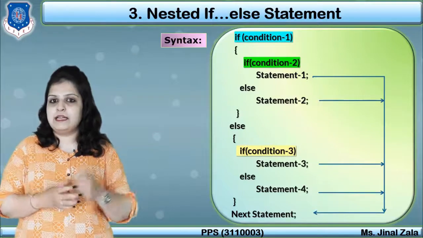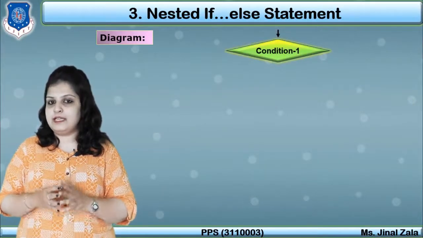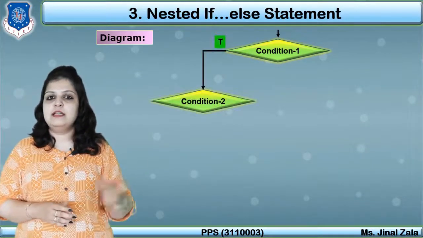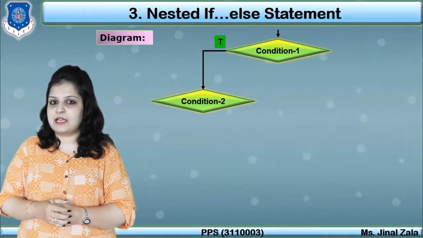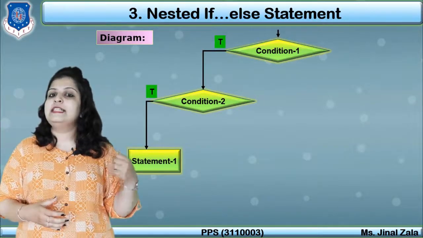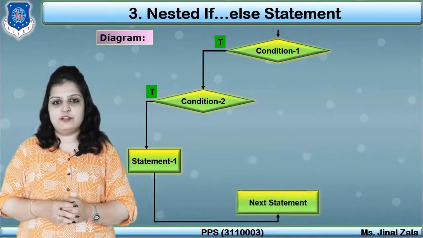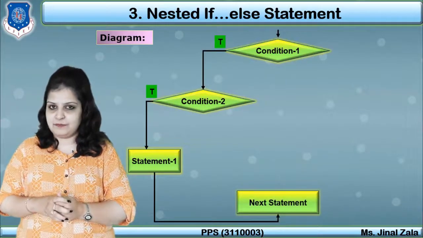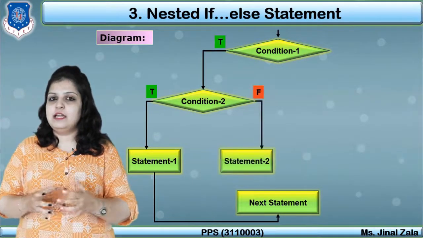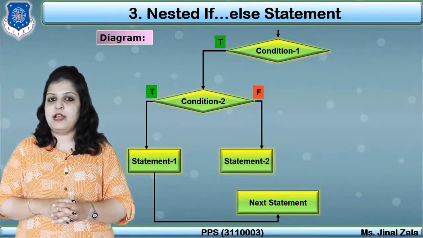Let's see the diagram. So first of all condition 1 we have to write in a diamond symbol. If this condition is true, then condition 2 will be checked, and if this condition 2 is also true, then statement 1 will be executed, and then our control directly goes to the next statement. But if condition 2 becomes false, then statement number 2 will be executed, right?